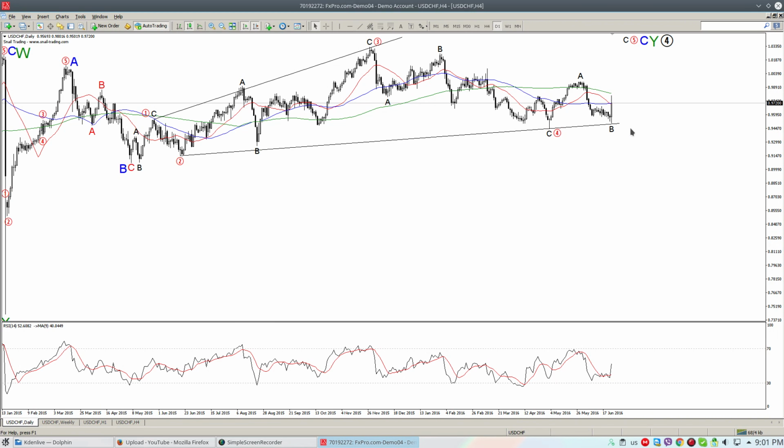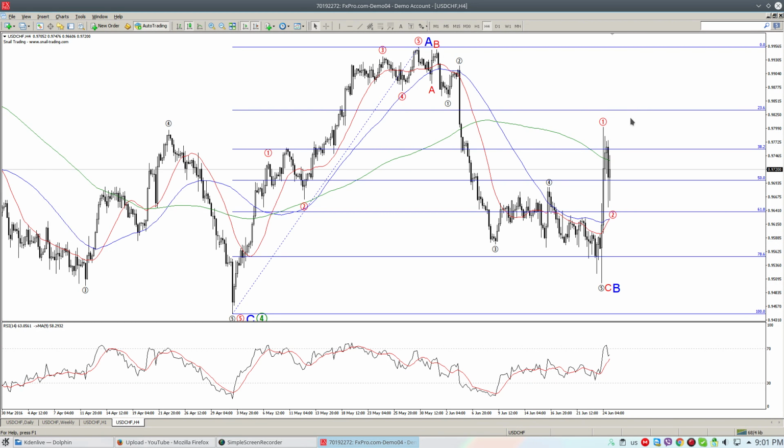If we look closer at the 4-hour chart, for example, we will see how this decline with the very odd proportions between wave A and wave C finally stopped at the 78.6% retracement of this rally, and finally we had a rebound that broke above all SMAs, although it didn't manage to stay above this one and it corrected a little bit lower.